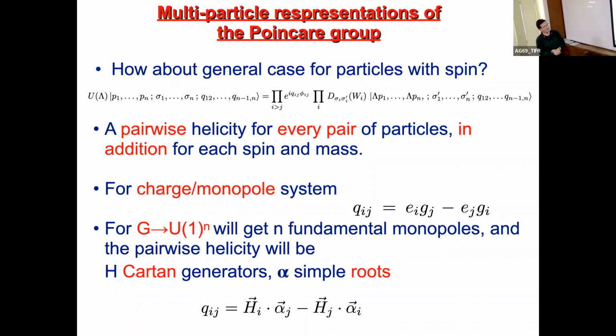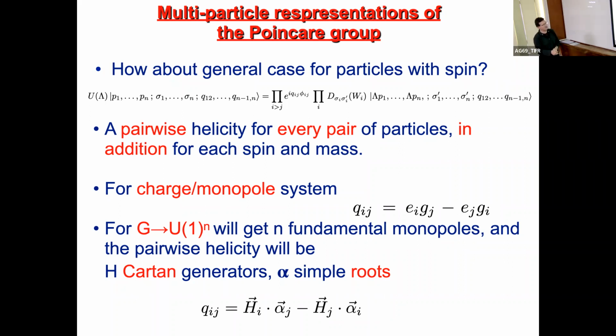What you do is you pick a 1-particle little group for each particle, and then for each pair, in addition, you pick a pairwise helicity. The most general transformation of these n-particle states built up of this form will then have the matrices for each of the 1-particle little groups, and then phases for each pair of those particles.